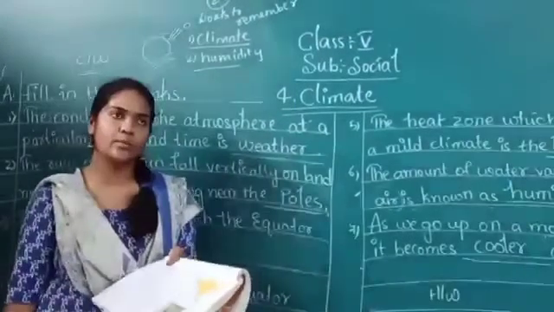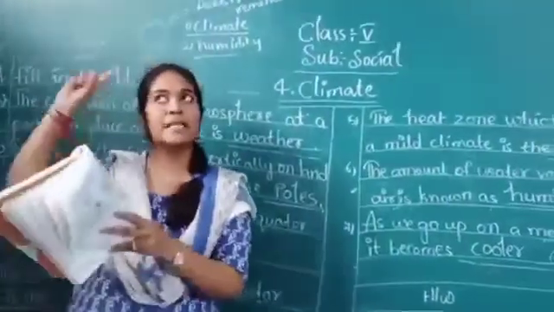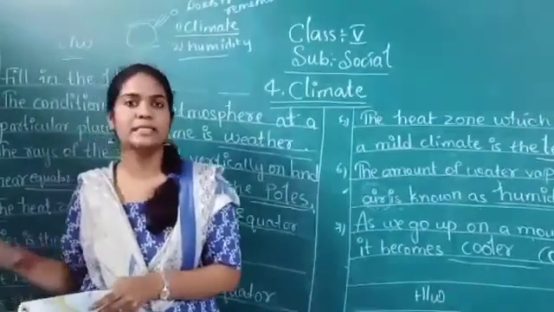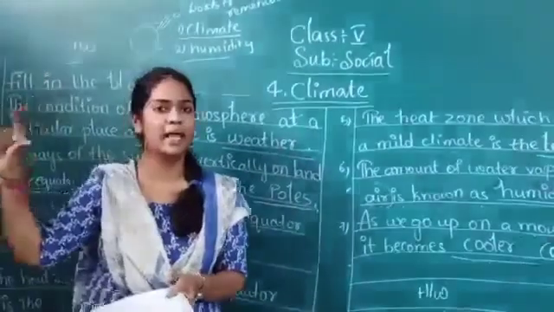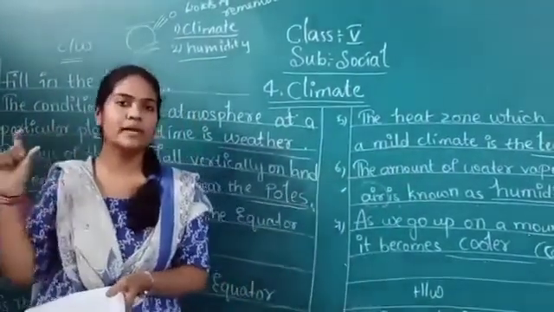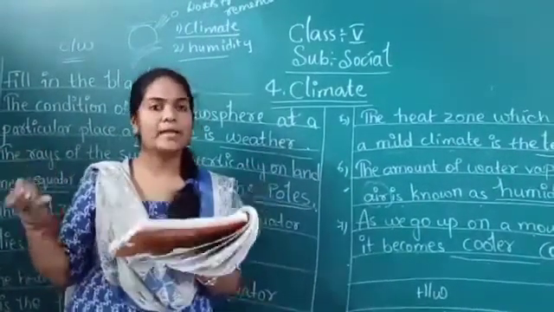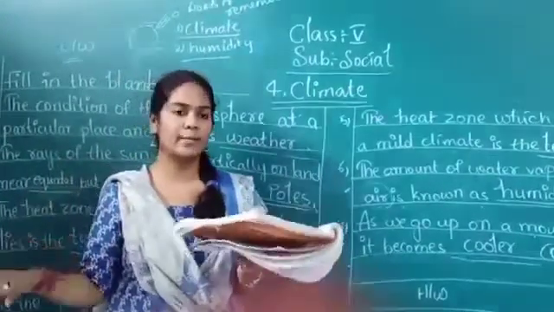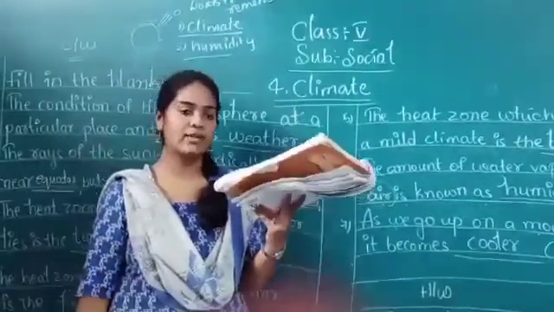When the sea water gets evaporated by the sun rays, that evaporated water will stay in the air. That we call water vapor. That stays in the air, and we call it the amount of water vapor in the air. We call it humidity.